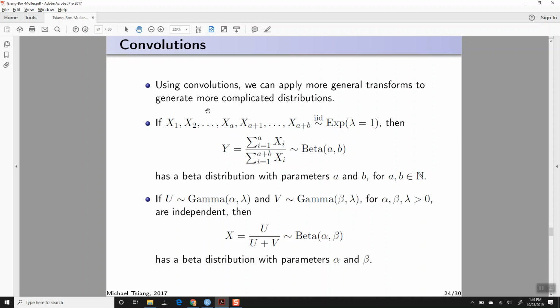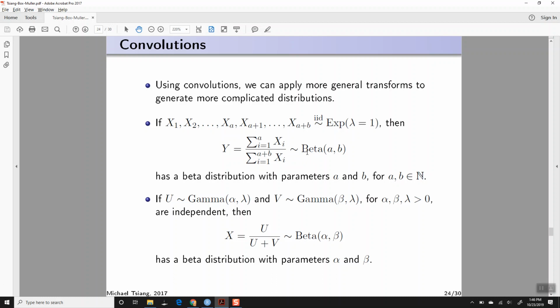So this is basically 1 through a, and then this is technically like 1 through b, but it's starting at, you know, if you want like 50 A and 50 B, you're going to generate 1 through 50 and then 51 through 100. Okay, and then you do the sum of the first 50, the A ones, the 1 through 50 go on the top, and then you put all of them in the denominator, 1 through 100 in the denominator. Okay, and then when you do that, that ends up being beta distributed.